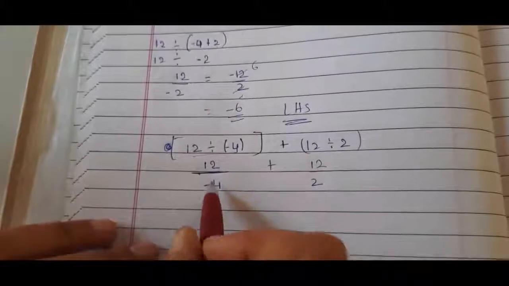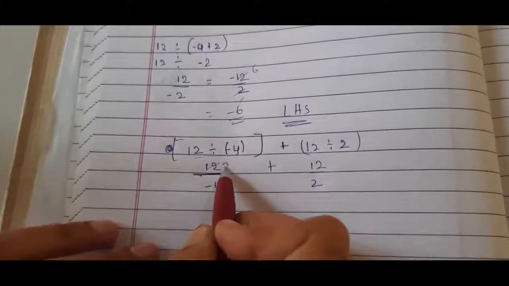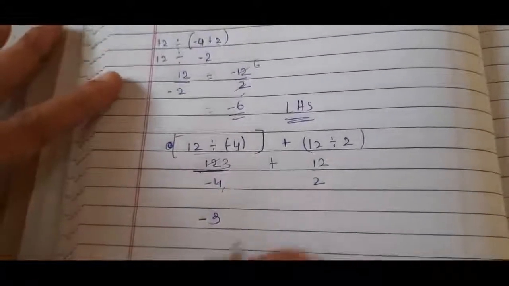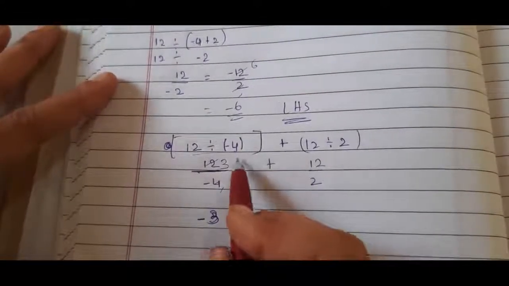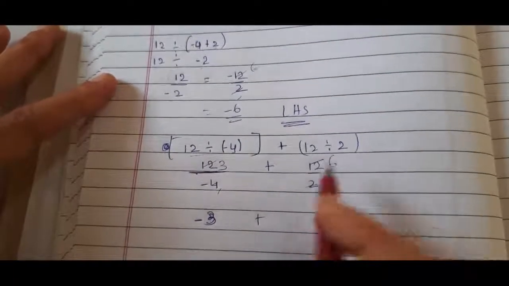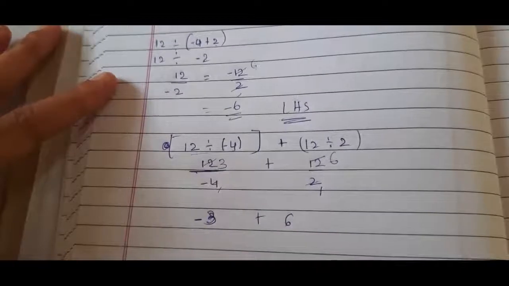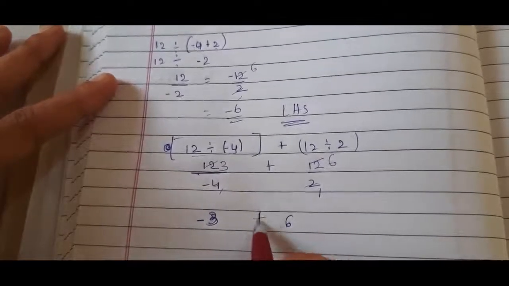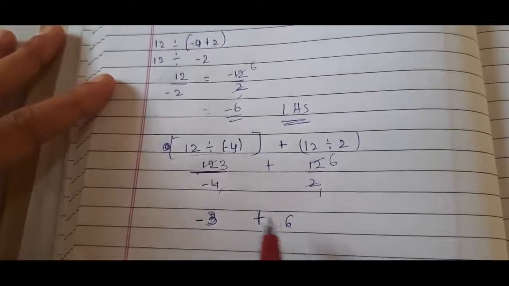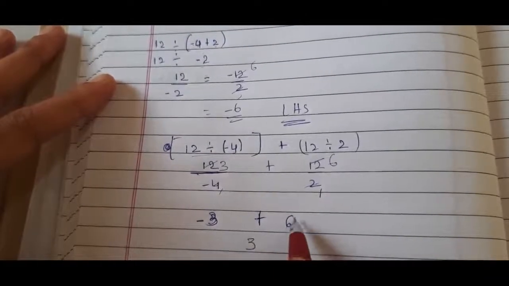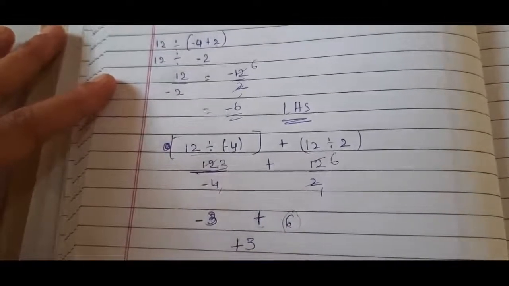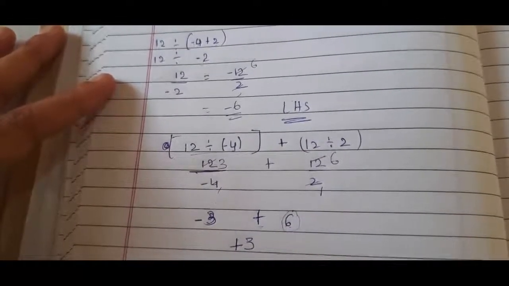See students, concentrate on the numbers. 4 ones are 4, 4 threes are 12, so 3, with one negative sign, so I keep minus. The answer is minus 3. Plus 2 sixes are 12, the answer is 6. Now we have to do minus 3 plus 6: 6 minus 3 is 3, the greater number 6 has plus sign, so the answer is plus 3.